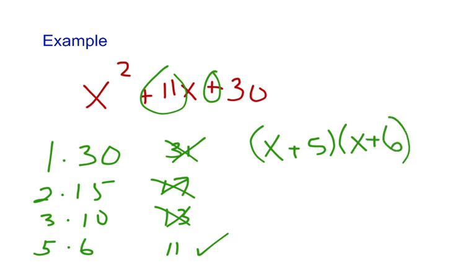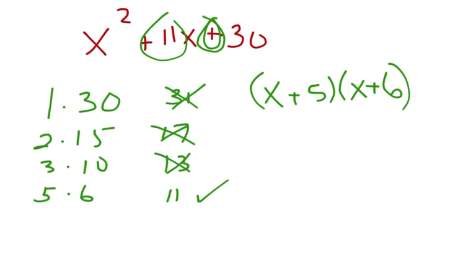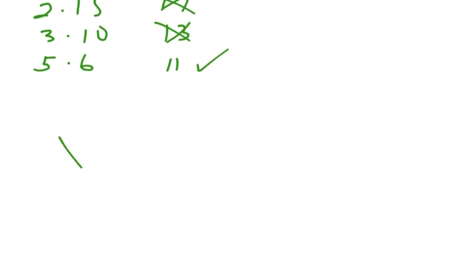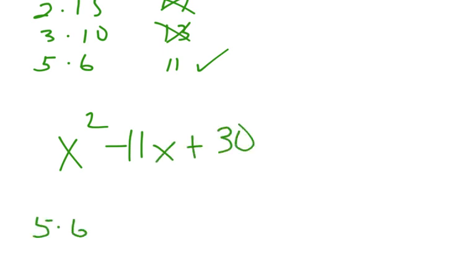They're both the same sign, I should have said, since it's positive 30. They're both positive or they're both negative. I'll show you where it would have been negative. Same looking problem, except instead of plus 11x, it's now minus 11x. It's still the 5 and the 6. That's 30, and they combine to be 11.